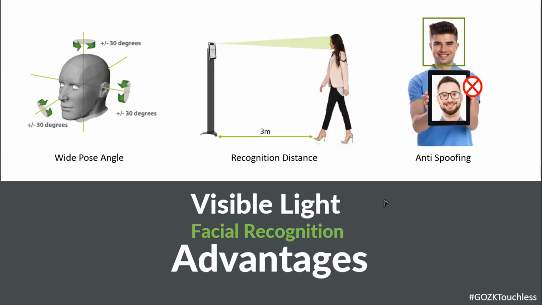If you are enrolled and someone tries to present your picture on a tablet or a hard copy to the reader, it will tell that this is a flat image, not a real person. It won't give that person access until a real enrolled person is presented in front of the camera.